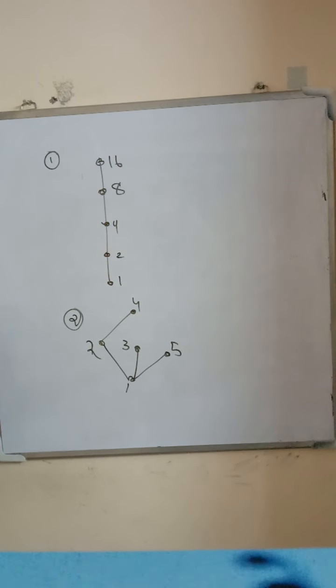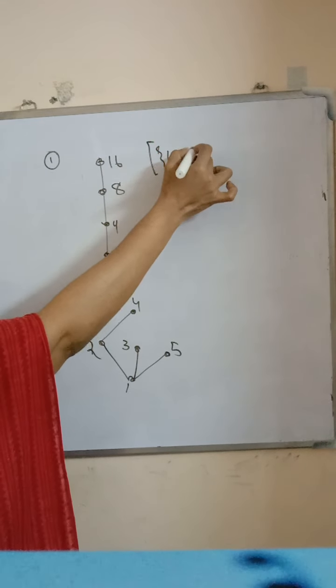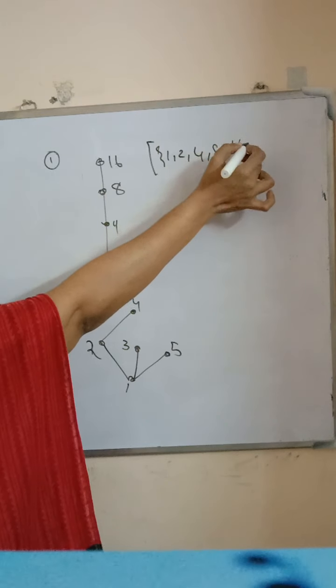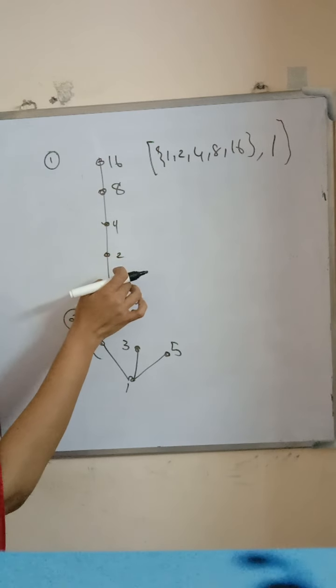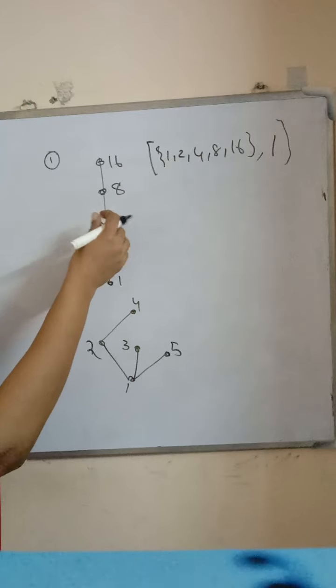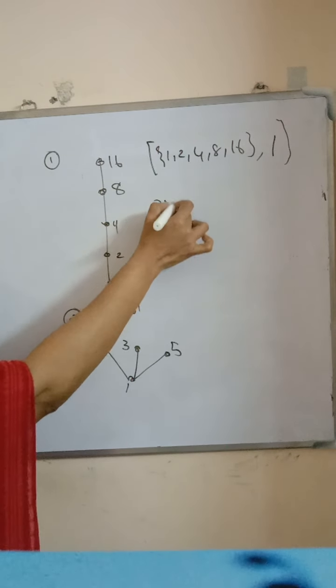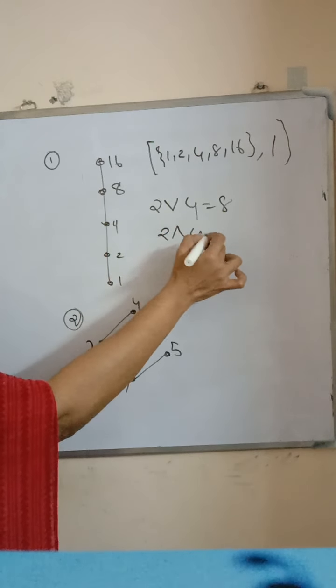Now we consider some Hasse diagrams. In the first Hasse diagram, the set is 1, 2, 4, 8, 16, and the relation defined here is divisibility: 2 is divisible by 1 and 4 is divisible by 2, etc. If we choose any pair of numbers, 2 join 4 is 8, and 2 meet 4 is 1.